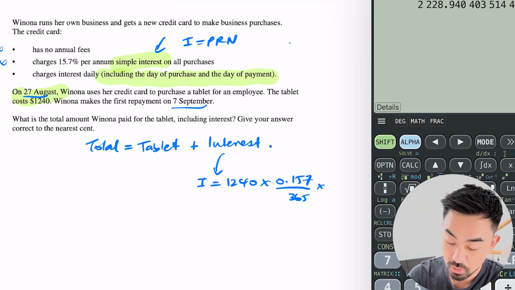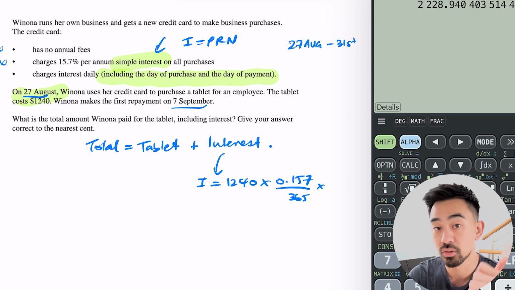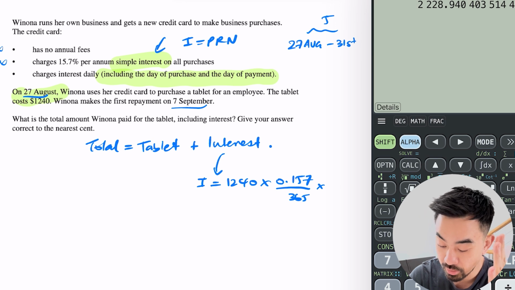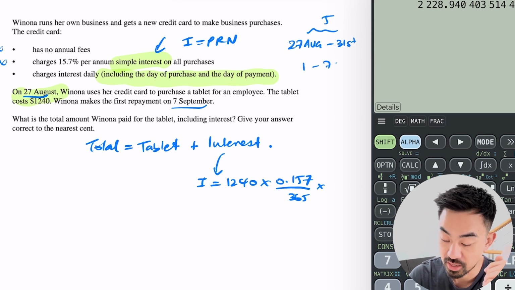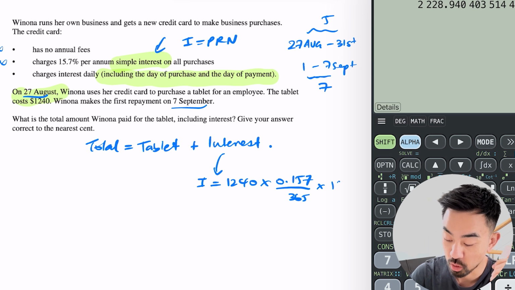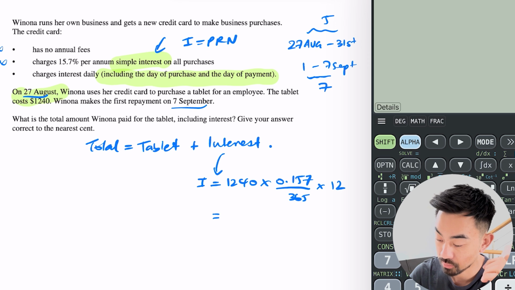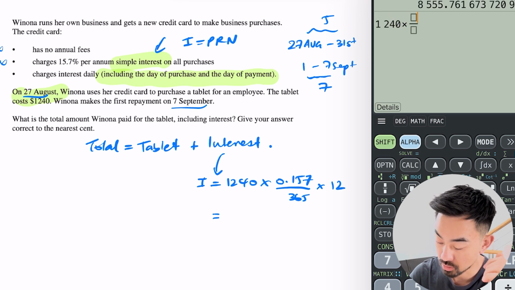So the knuckle's 31 and the depressed little bit is 30. So there's 31 days in August, okay? So the 27th of August to the 31st, so how many days is that? 27, 28, 29, 30, 31. There's 5 days there. And then obviously from the 1st to the 7th of September, there's going to be 7 days here. So in total, you're going to have 12 days. So 12.40 times 0.157 over 365 times by 12.